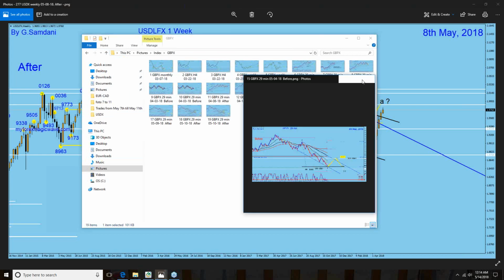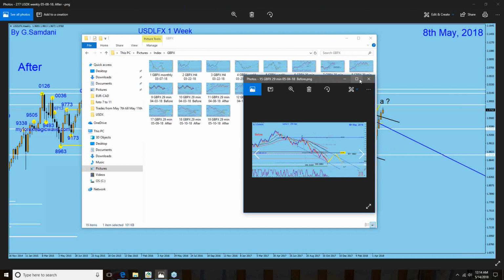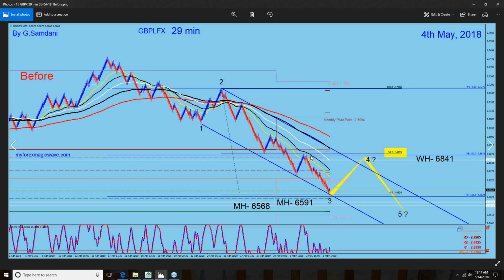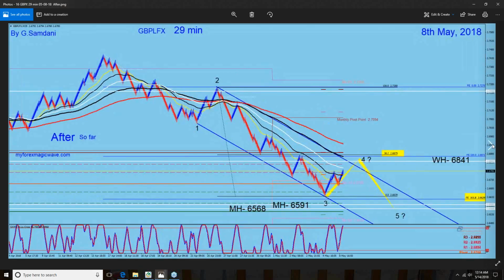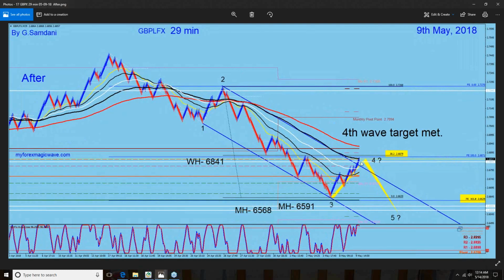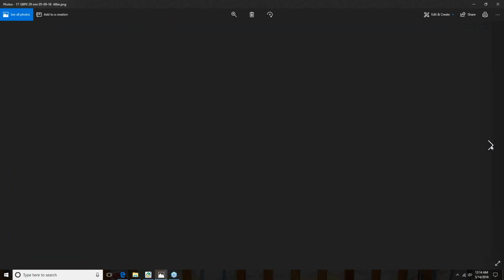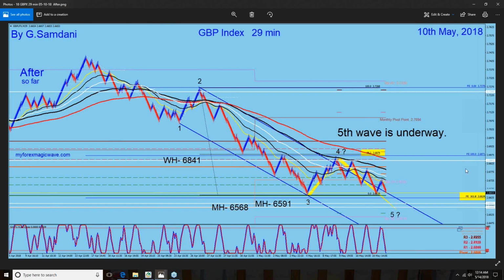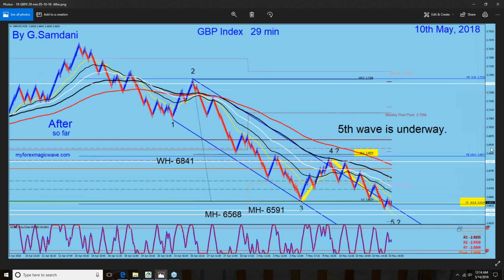For example, this 29-minute chart, which is equal to a 4-hour regular chart, again, wave count 1, 2, 3, I said we're gonna go up for wave 4 and then come for wave 5. Look what happened to this chart. We went there on May 9th, we went for the wave 4 and then coming down, and then all the way down here.